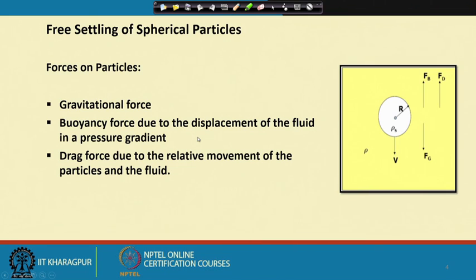When the particle goes down, it displaces the equivalent volume of fluid in the opposite direction, and there is a pressure gradient because of that. That force is known as the buoyancy force.